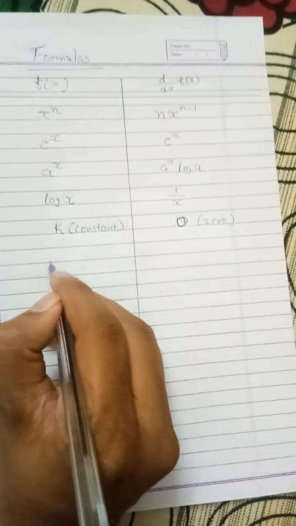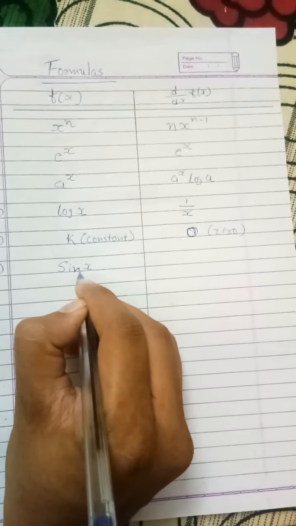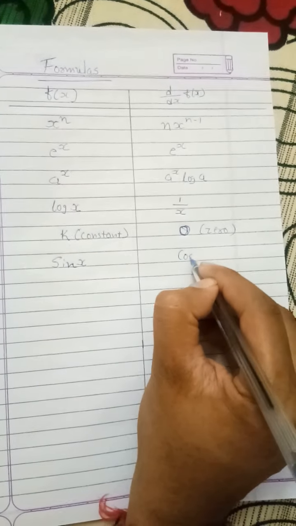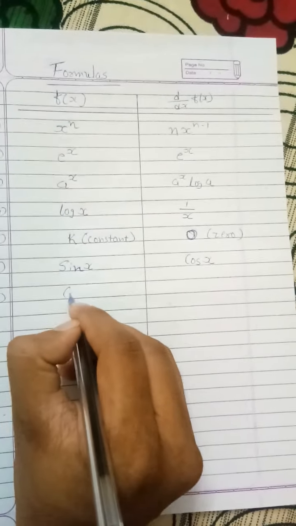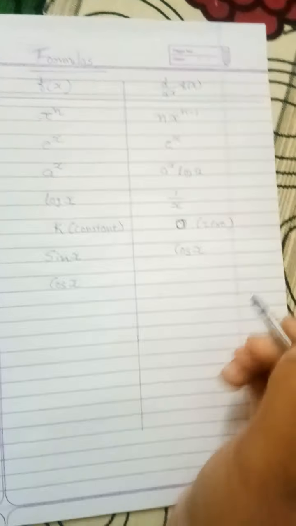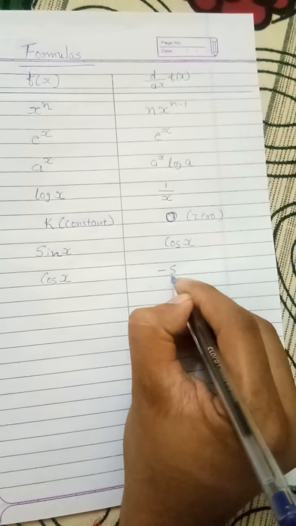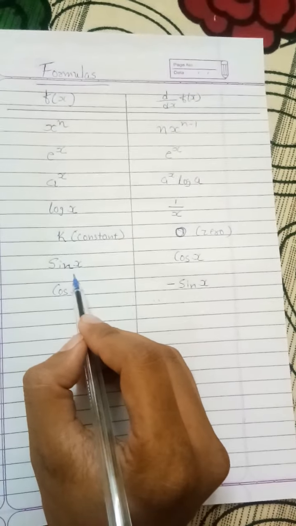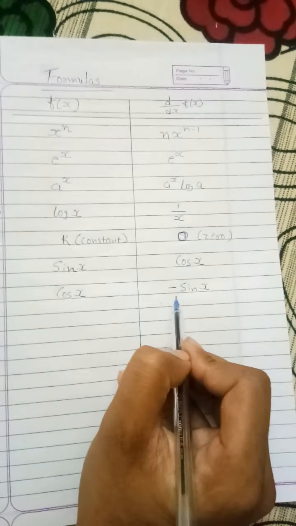Sixth, if the function is sine, meaning sin x is given, its derivation is directly cos x. And conversely, if cos x is given, its derivation is minus sin x. Remember, differentiation of sine is plus cos, but differentiation of cos is minus sine.